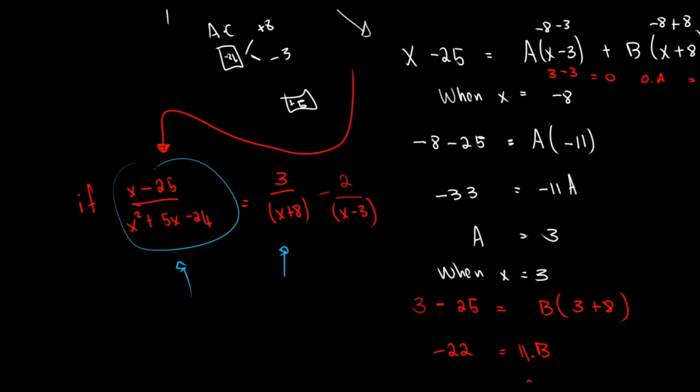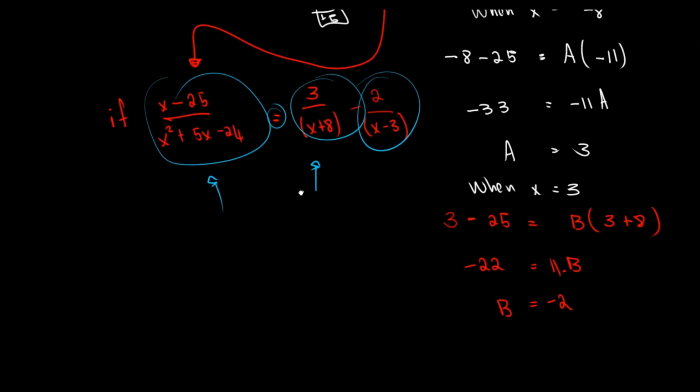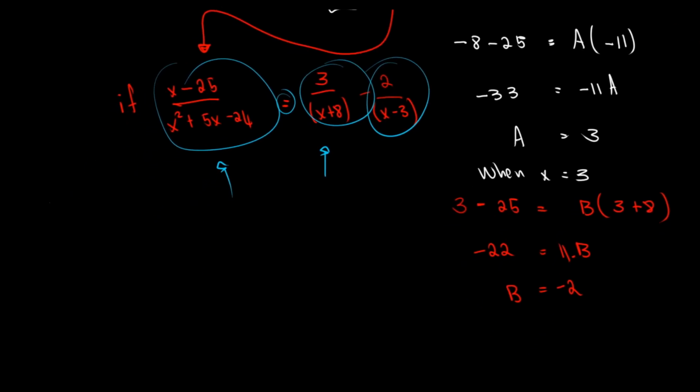If this is given, then we can set this equal to 3 over x plus 8 minus 2 over x minus 3. And now let's see if this is true. Well, now I'm going to test this just for educational purposes.